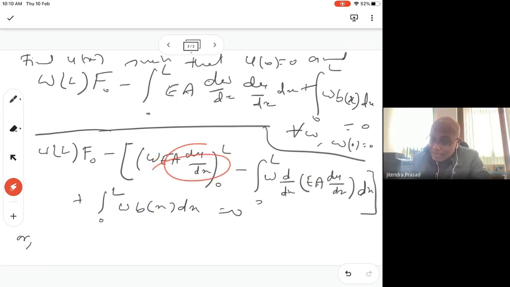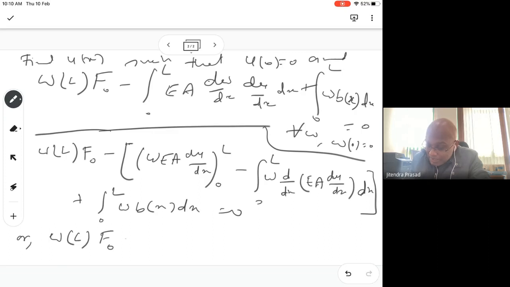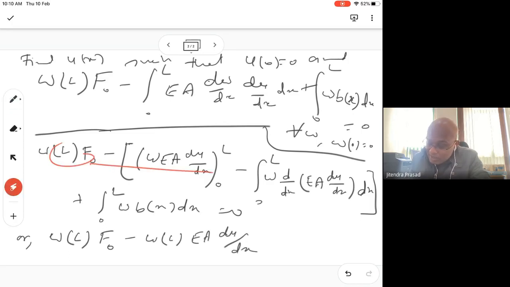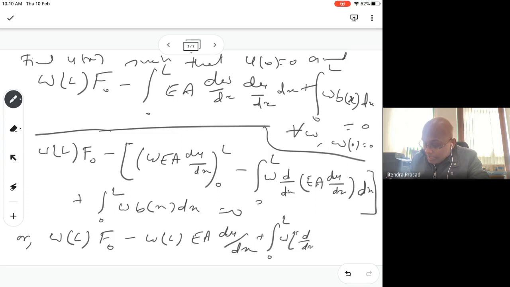Now in the weak form, it is given that W at 0 equal to 0. So what we get here is WL times f naught minus WL EA du over dx, plus the integral from 0 to L of W d over dx of EA du over dx plus b dx, equal to 0.